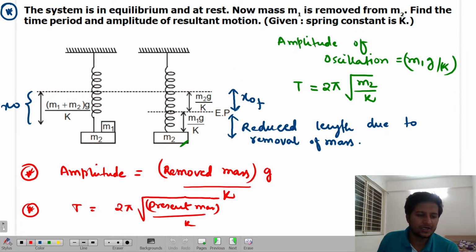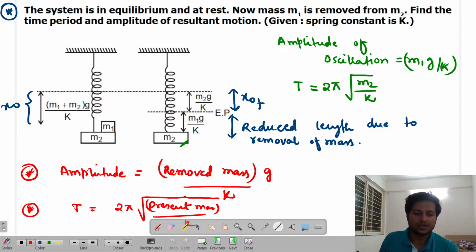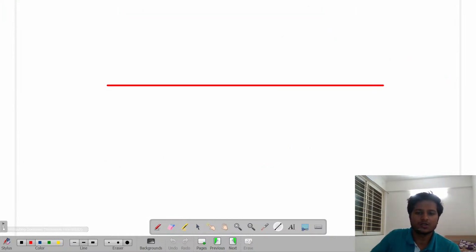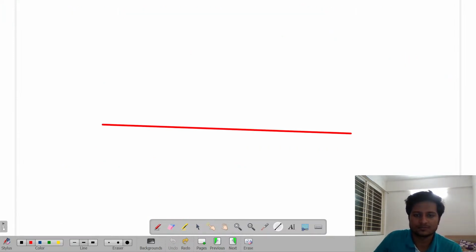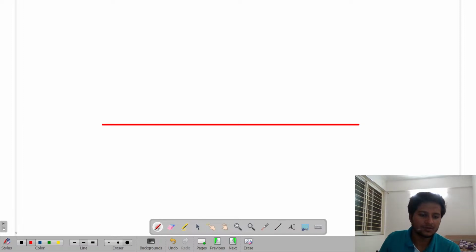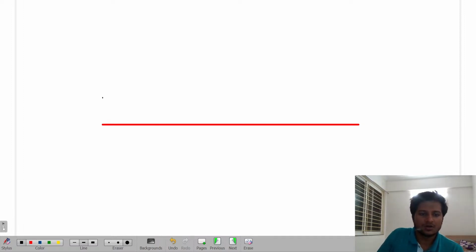If you feel the difficulty in doing this kind of problem, basically you can convert this whole system into a horizontal line, just like previous case. Okay, ठीक. तो अगर देखो मान लो एक ट्रिक बता रहा हूँ. मान लो ये ब्लॉक पहले क्या था? m1 प्लस m2 था, है ना? ठीक.